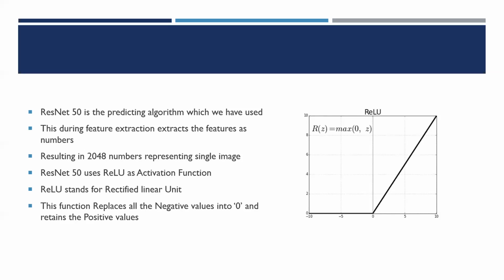ResNet 50 also uses ReLU as the activation function. What is ReLU? ReLU stands for rectified linear unit. This function replaces all the negative values with 0 and retains the positive values, as you can see in the graph.